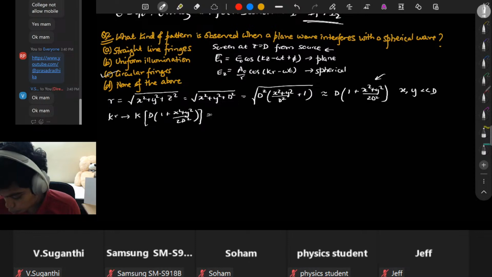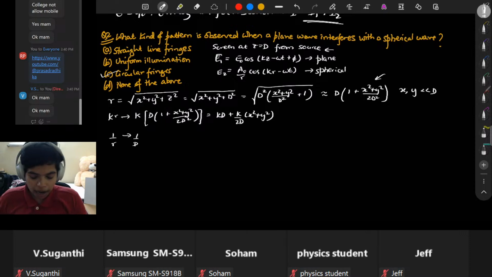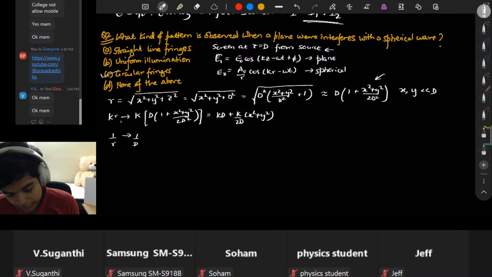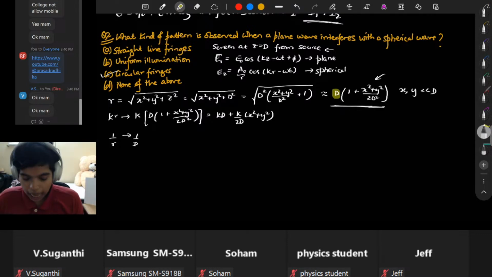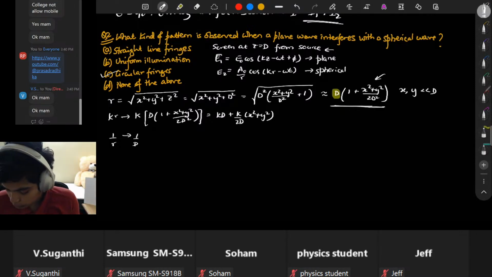If you open this up, it becomes kd plus k over 2d times x squared plus y squared. And 1 over r we will replace by 1 over d. Now you may ask why in kr I replaced r with this expression, whereas in 1 over r I replaced r simply with d. That comes from here.